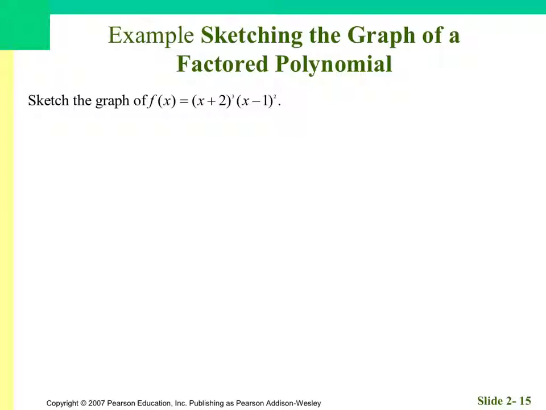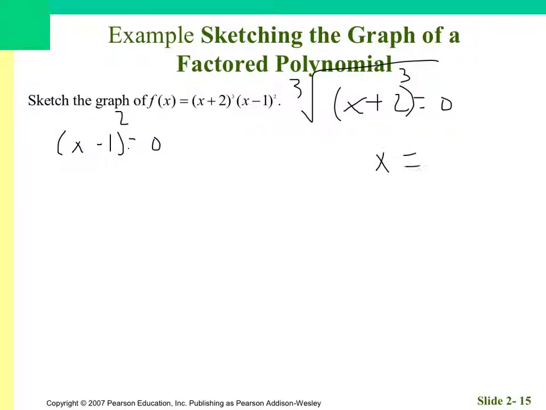Alright, sketching a graph of a factored polynomial. Well, this gives us 2 points at least, because you can say x plus 2 equals 0, and you can say x minus 1 equals 0. Cube root it, so you get x equals negative 2.